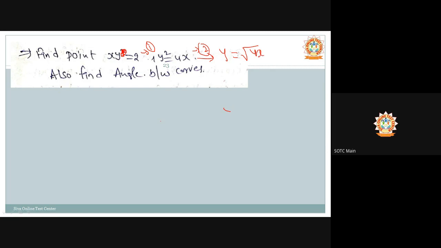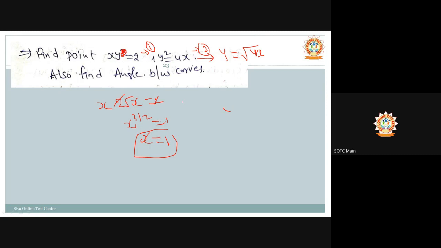So now in the place of y you can substitute under root 4x. It will become x into under root 4x can be written as 2x under root x, that is equal to 2. So these two will get cancelled. It will become x power 3 by 2 is equal to 1. What x will become? 1. Very good.